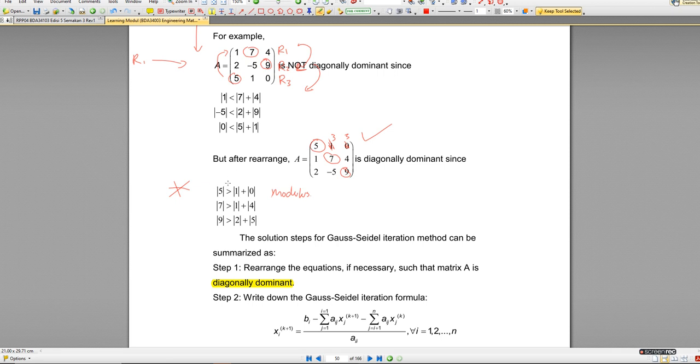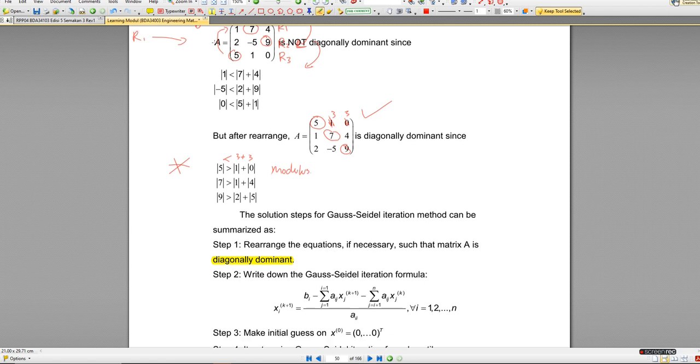So 5 is, we cannot put higher, because 5 is less than 3 plus 3. So in this case, this equation or this matrix cannot pass through this Gauss-Seidel iteration method, so you cannot proceed. This is rule number 1, the diagonally dominant.